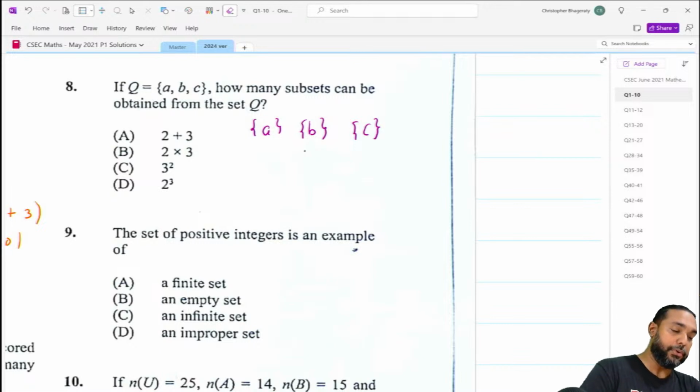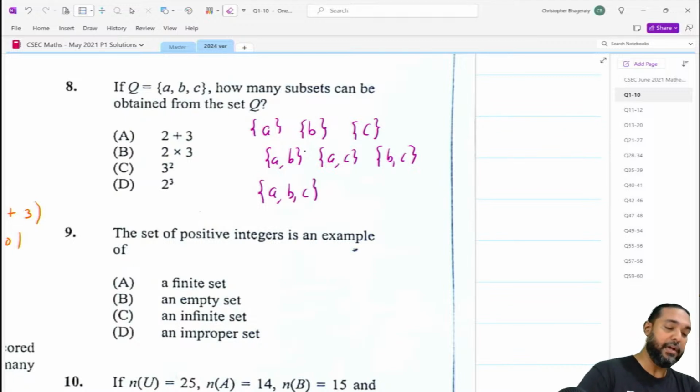You could also pair them up. You could have AB, AC, and BC. Every set is a subset of itself, like how every number is a factor of itself. And the empty set is also a subset of each set, just like how 1 is a factor of all numbers. If you count those, you have 8, which corresponds to this.